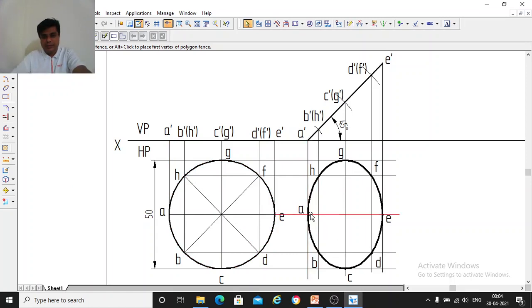So this diameter passing through this point is AE. So for this diameter AE, what is the diameter at right angles to AE? That is CG. So CG is the diameter at right angles to this AE.